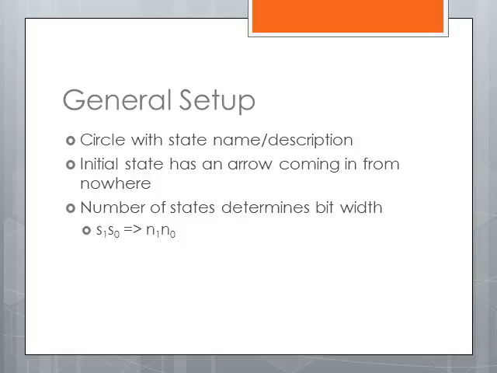In general, the states themselves are depicted by circles, and within the circles you have the state name or description, such as going from floor 1 to floor 2 or floor 3 if you're trying to design a finite state machine that describes the process of an elevator.